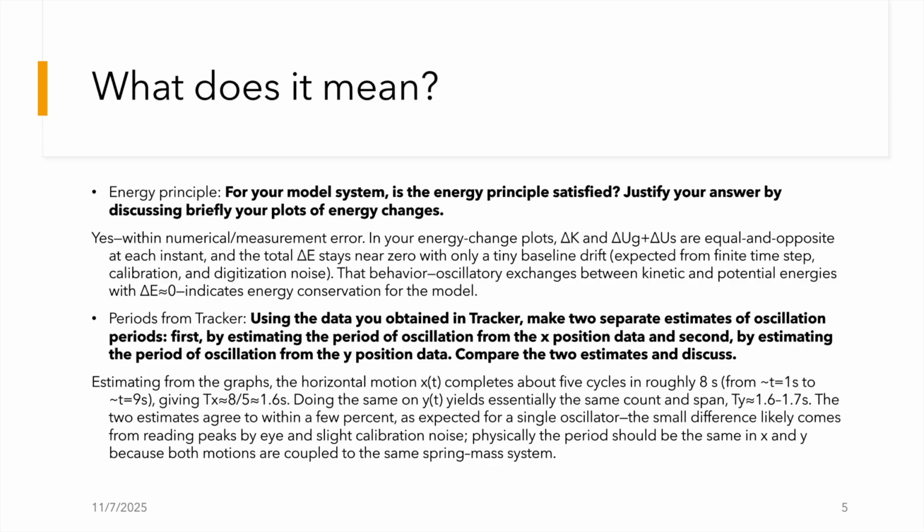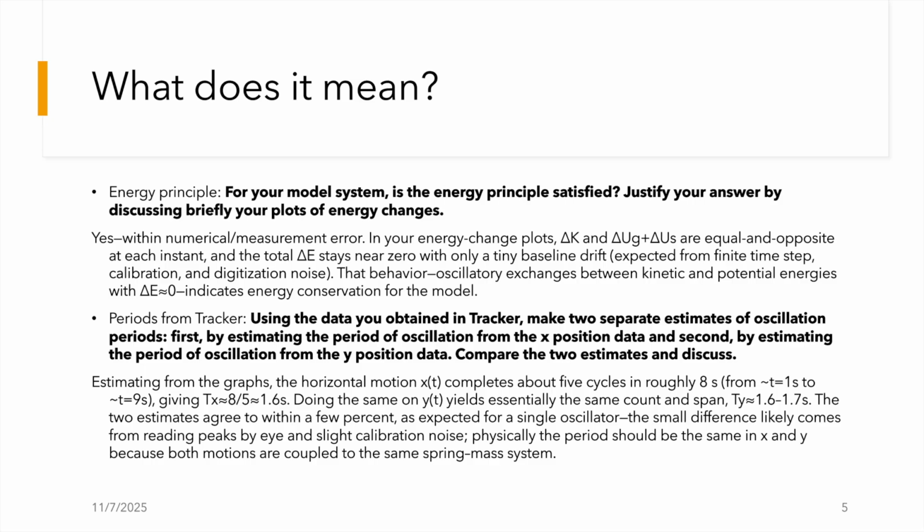In the energy change plots, total K and total UG plus total US are equal and opposite at each instant, and the total E stays near zero with only a tiny baseline drift expected from finite time step, calibration, and digitization noise. That behavior, oscillatory exchanges between kinetic and potential energies with total E near zero, indicates energy conservation for the model.